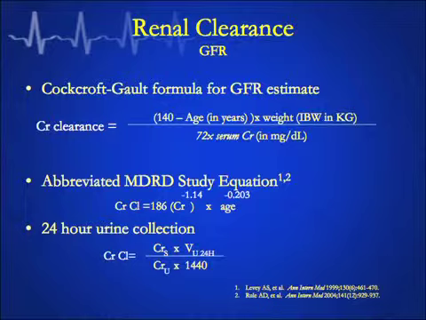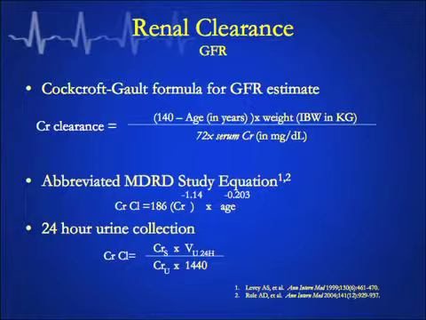Okay, we talked about renal function and renal clearance. These are the formulas we use to calculate renal function, or GFR. One is the Cockcroft-Gault formula, which is simple and good for screening. It's good for normally functioning kidneys.